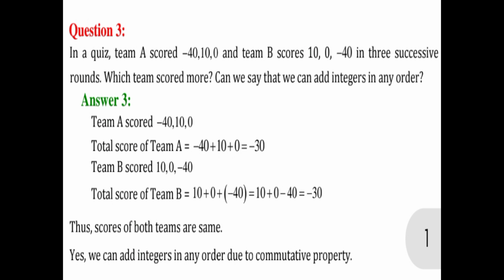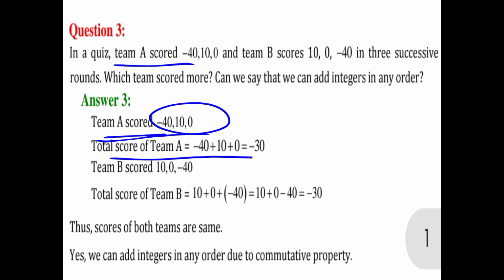See, this is team A. Their scores are -40, 10 and 0. The total score will be -40 plus 10 plus 0, which is -30. Then team B scores 10, 40 and -40.